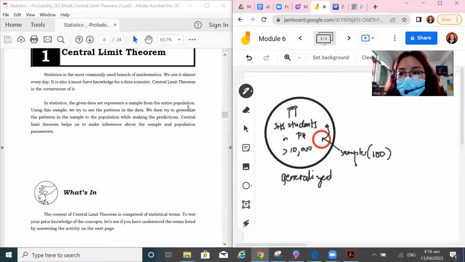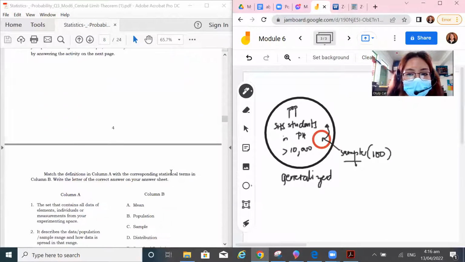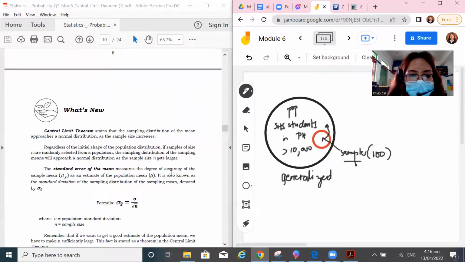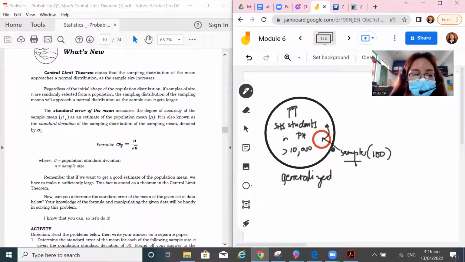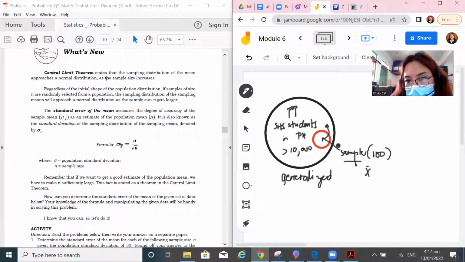But how do we know that the sample is not biased? Of course, the smaller the sample, the less it represents the population, and you can see this in the formula. According to the central limit theorem, the sampling distribution of the mean approaches the population mean. The mean of the sample is represented by x bar, while the mean of the population is represented by mu.